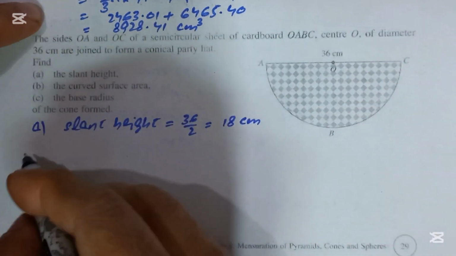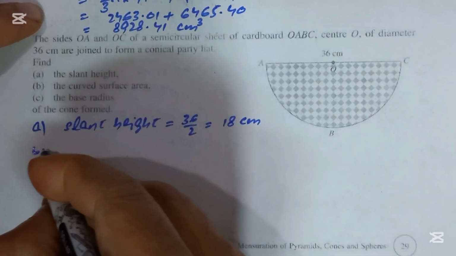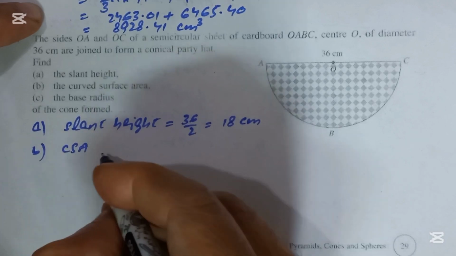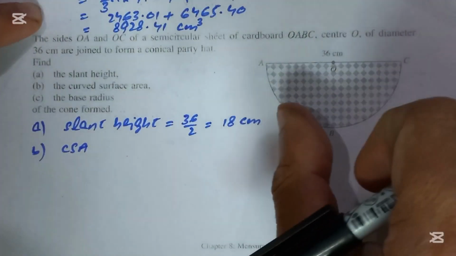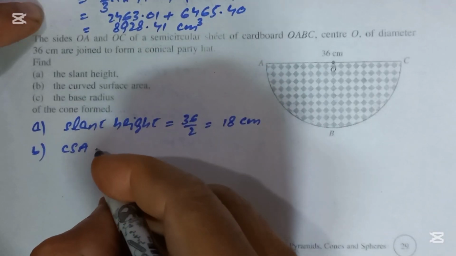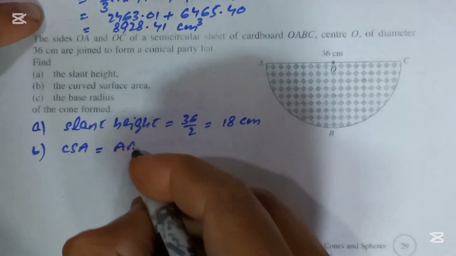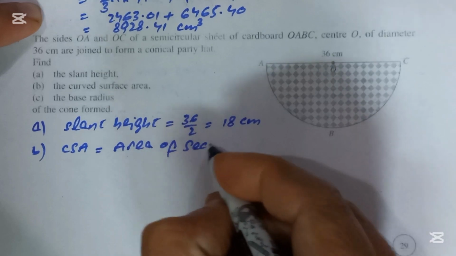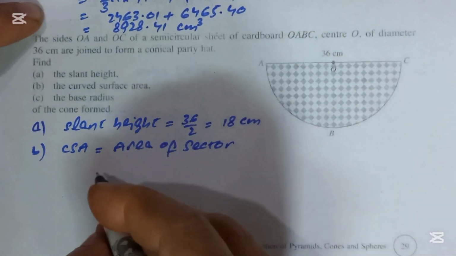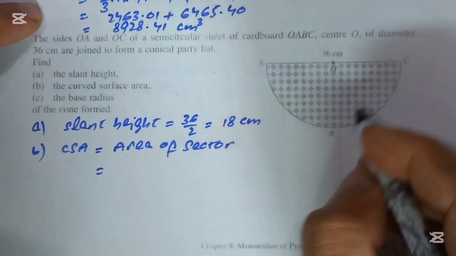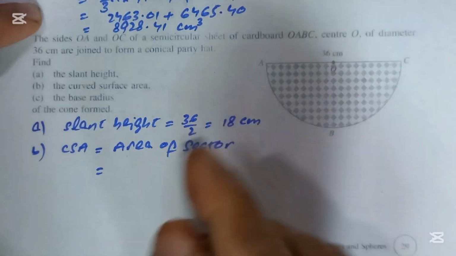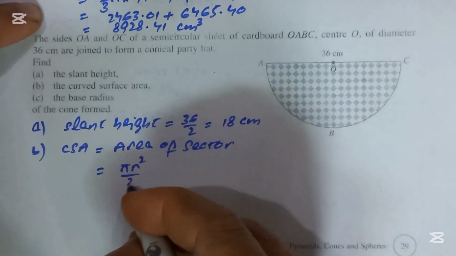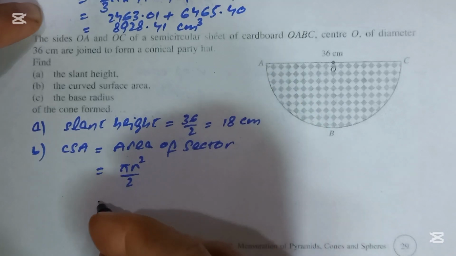Now B part is curved surface area. Curved surface area of the cone of the net is area of sector, this is like semicircle's formula is pi r square divided by 2. Now put the values in this formula.